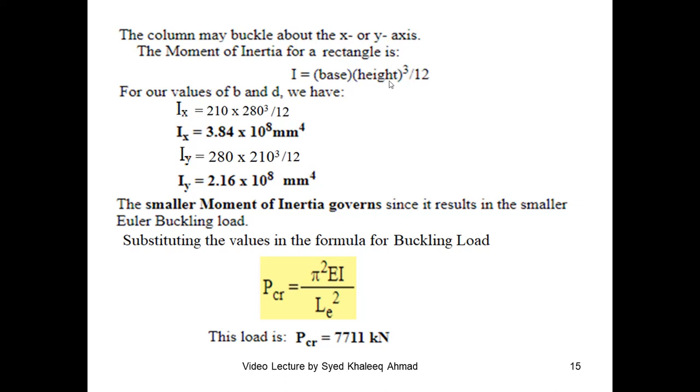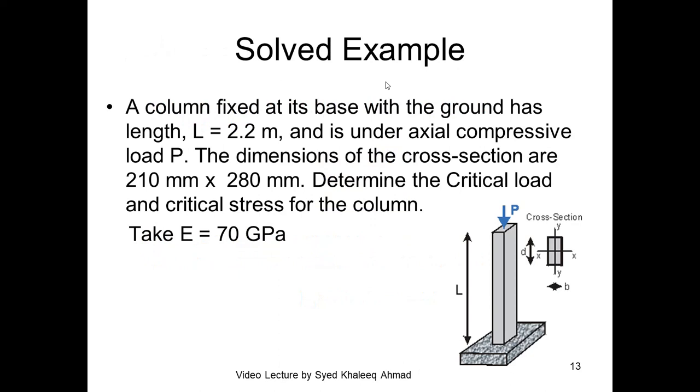So once we substitute these values for the base and height, let me just come back to this section here. You have the base as 210 and the depth is 280.